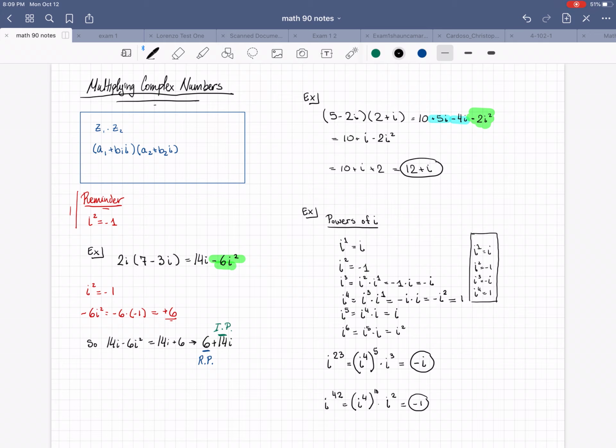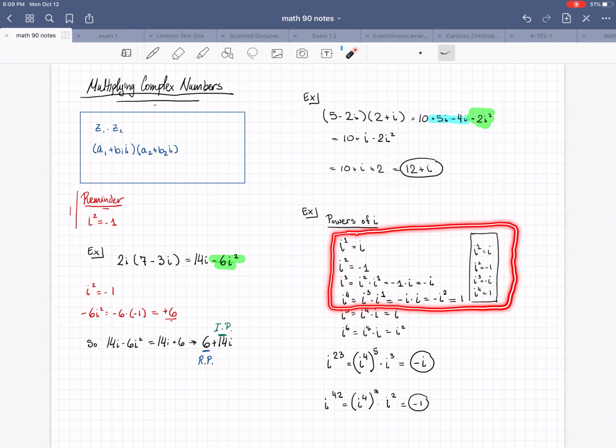What's kind of cool here, and this is actually a small example of something that we in mathematics call modular arithmetic, is that any power of i, whether it's i to the 4071st power, or i cubed, or i to the 29th, every single one of them is going to be one of these four values. It's either going to be i, -1, negative i, or 1.